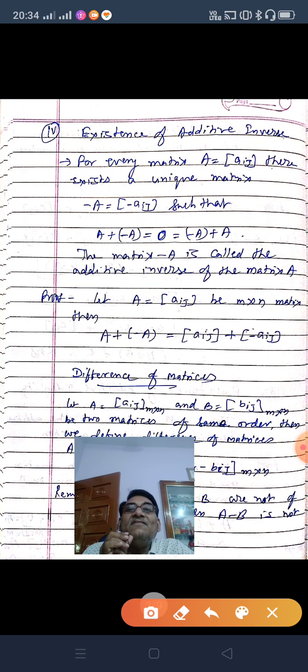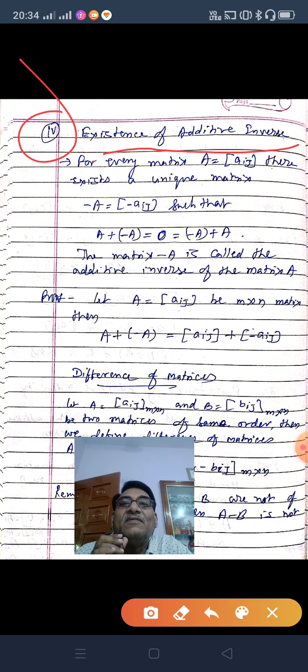Now, existence of additive inverse. Fourth, existence of additive inverse. For every matrix A equal to Aij, there exists a unique matrix, say minus A, that is minus of Aij, such that A plus minus A equals 0, and minus A plus A equals 0.